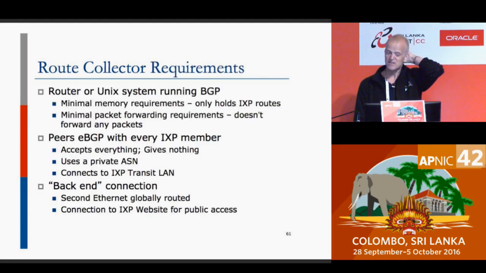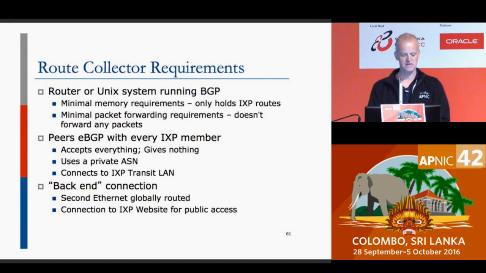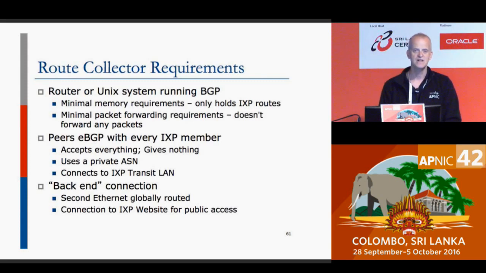Some people use a router, more commonly just a Linux system running BGP, running something like Bird. Tiny memory requirements, it only needs to carry the IXP routes, doesn't do any packet forwarding, it's just gathering prefixes. And it peers with every IXP member, accepts everything that the members announce, doesn't announce any prefix at all, doesn't need a public AS number because nobody sees it.